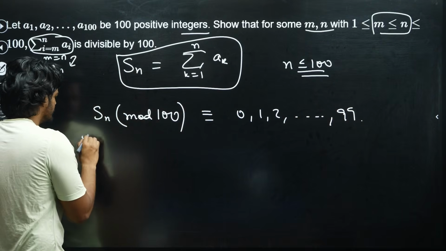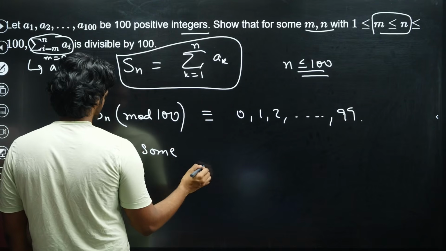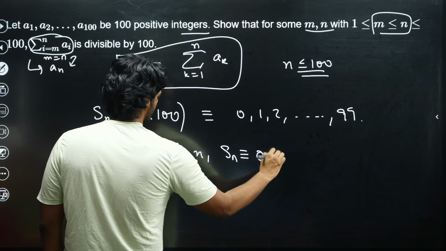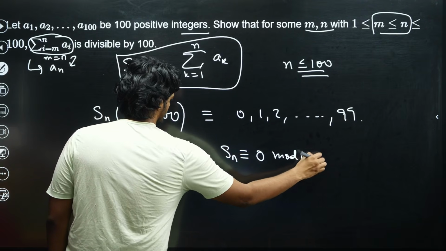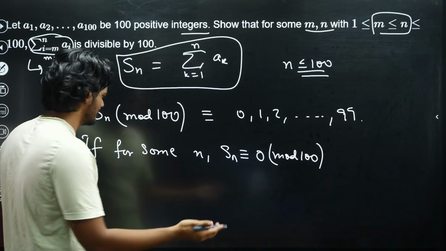And if for some n, Sn is congruent to 0 mod 100, then we are done.